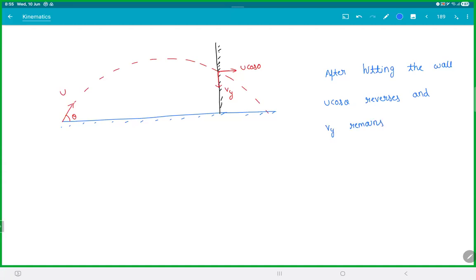This is what we said about the elastic wall. That means whatever should have happened on the right hand side, the same thing will happen on the left hand side, like a mirror image. So the path would be a mirror image about the wall. If you take the wall like a mirror, if you put a reflection of it, you can actually fold the parabola.